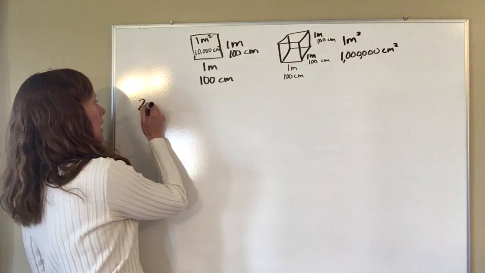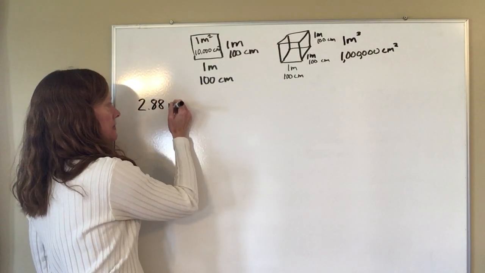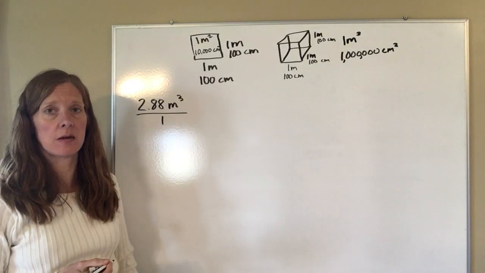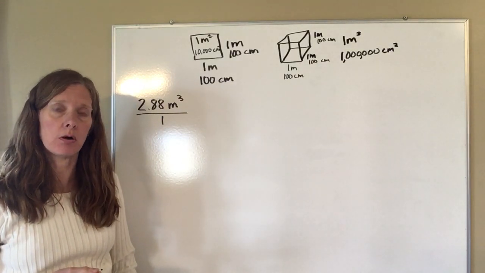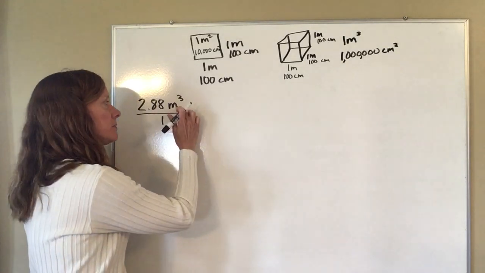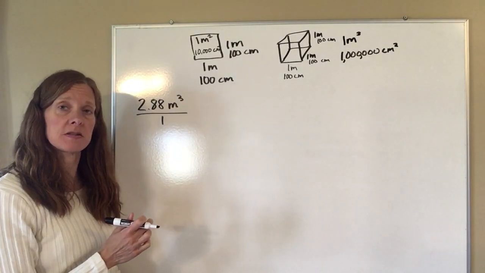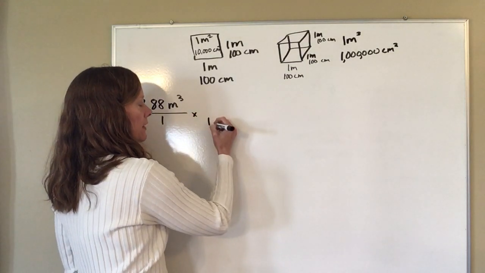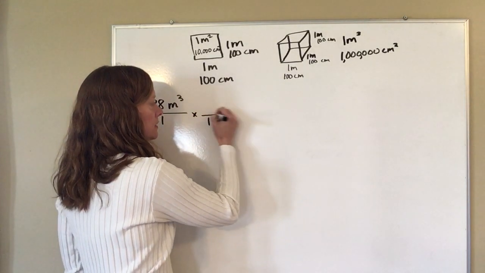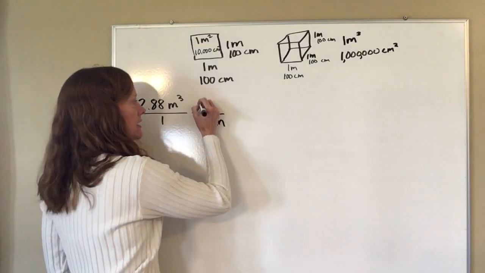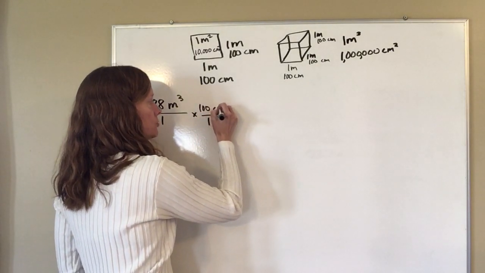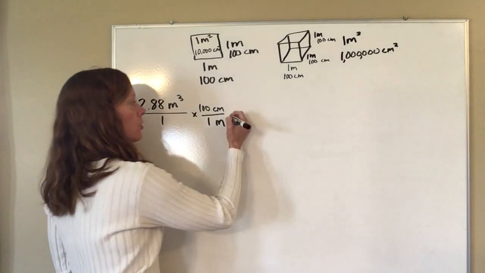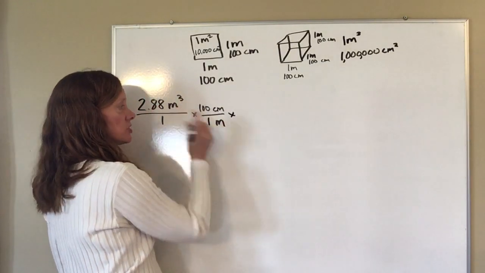So if I start out with 2.88 cubic meters, always, again, take what you're given and put it over 1. Now, this meter is cubed because it is a volume measurement. So while it is true that 1 meter is the same as 100 centimeters, that's only for length. So I'm going to have to do that because this is cubed.